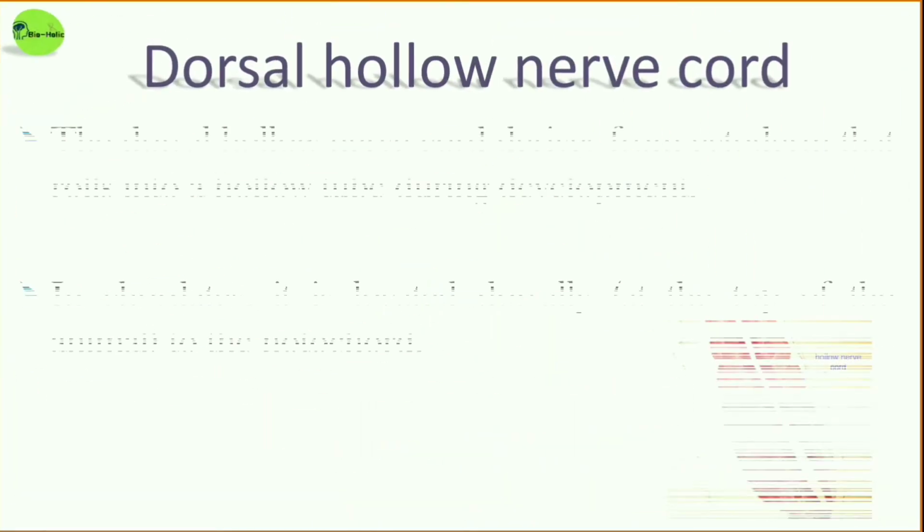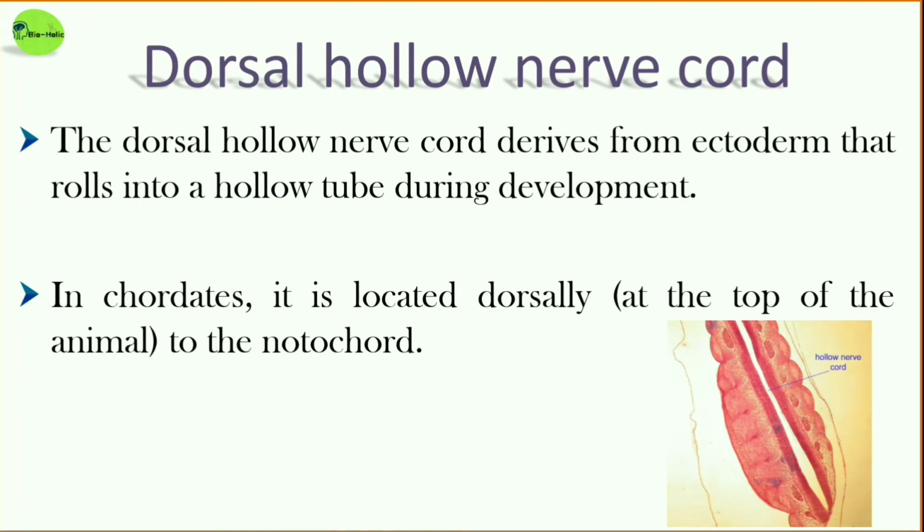The second point is the dorsal hollow nerve cord. Chordates are also triploblastic animals, and this dorsal hollow nerve cord is derived from the ectoderm germ layer, which rolls into a hollow tube during the development of the embryo.